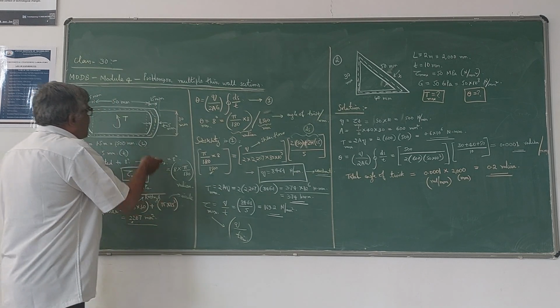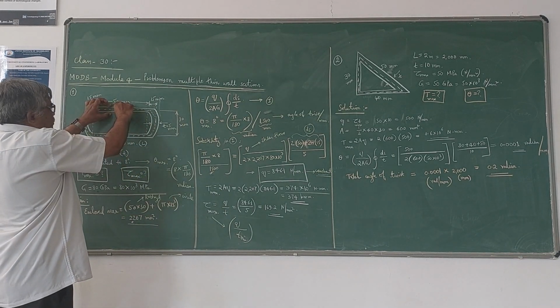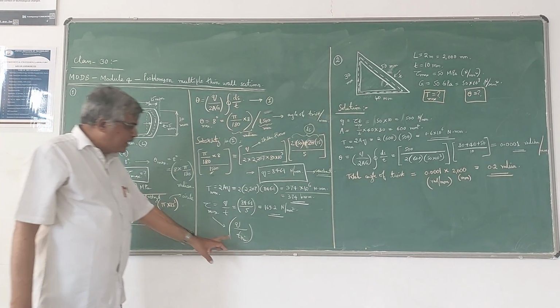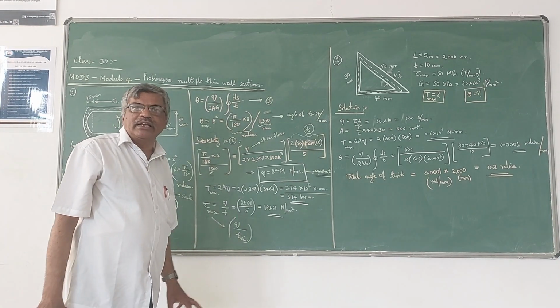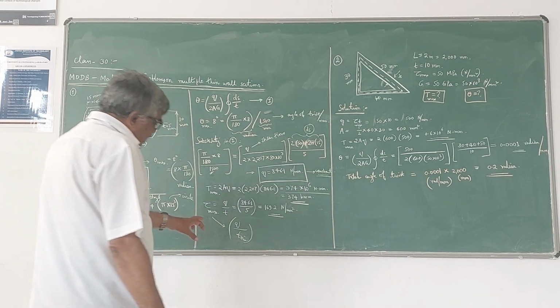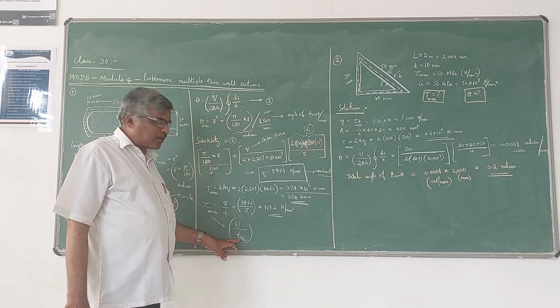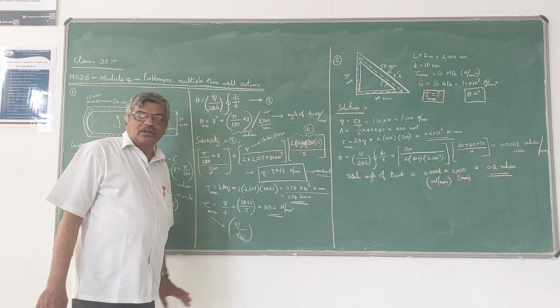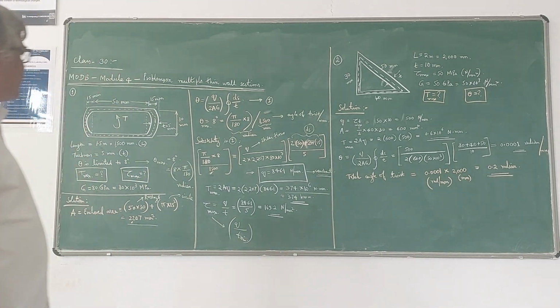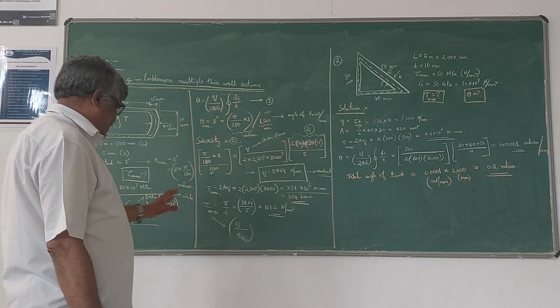Suppose one has 3 mm and another has 5 mm, then you have to take 3 mm to calculate the maximum shear stress induced. Because when you take t minimum, the denominator is minimum, therefore the answer will be maximum. So this is how we do the problem of finding maximum torque and shear stress.